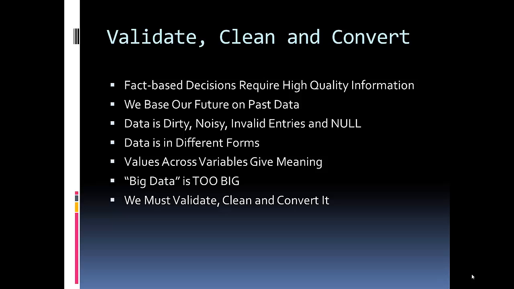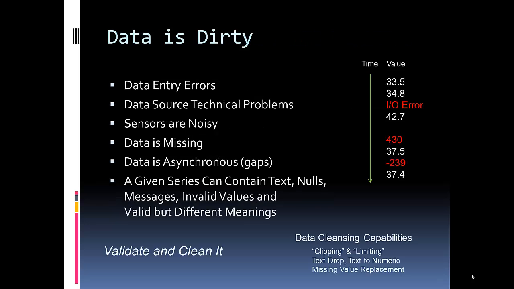And of course, all the rage these days is big data, but one of the attributes of big data is that it's big. And processing lots of big data is costly and time-consuming. So we need a way to shrink it down to its essence. So we must validate, clean, and convert our data.